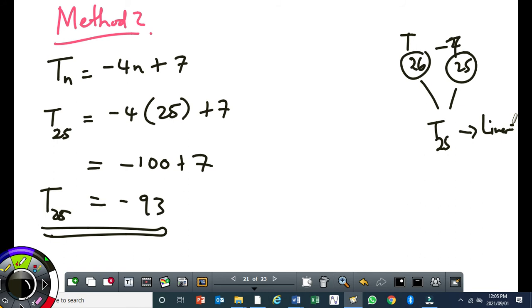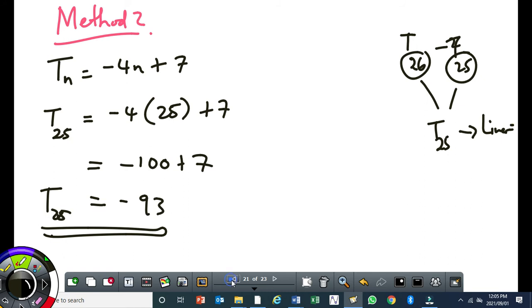So you take the smaller number. When you are doing a subtraction, it is possible that in some questions, because it's a quadratic pattern, T25 can be greater than T26, like in this case.